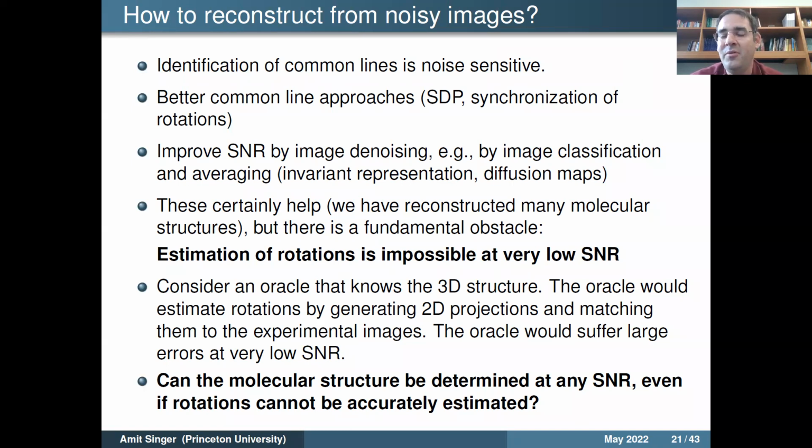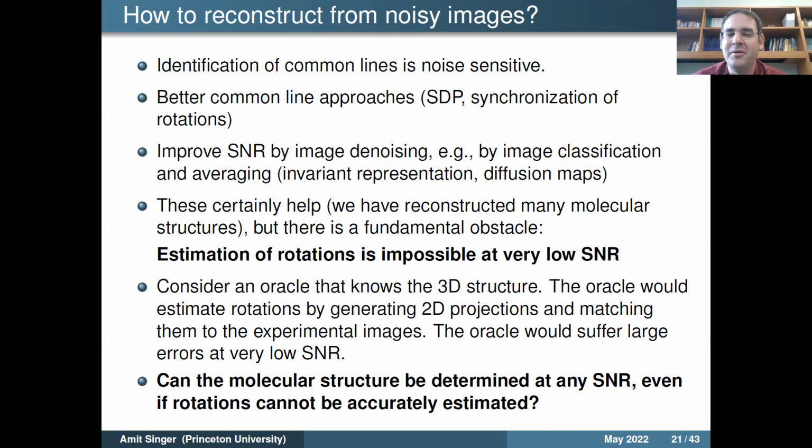Because what the oracle would do is reproject the 3D structure in all possible directions. And then for every noisy experimental image, the oracle would find the best match, the closest clean projection image among those that it used to reproject the molecule.